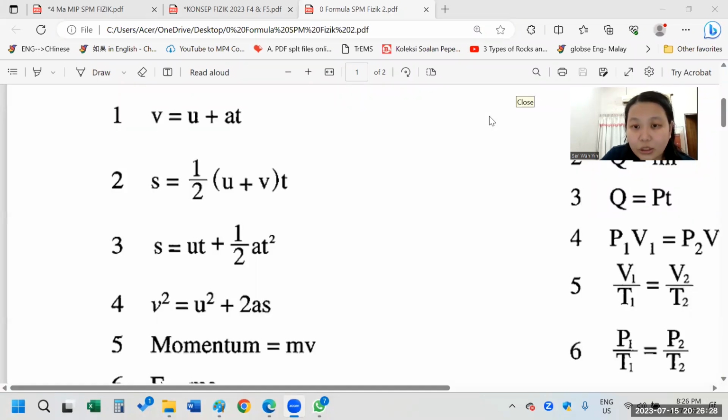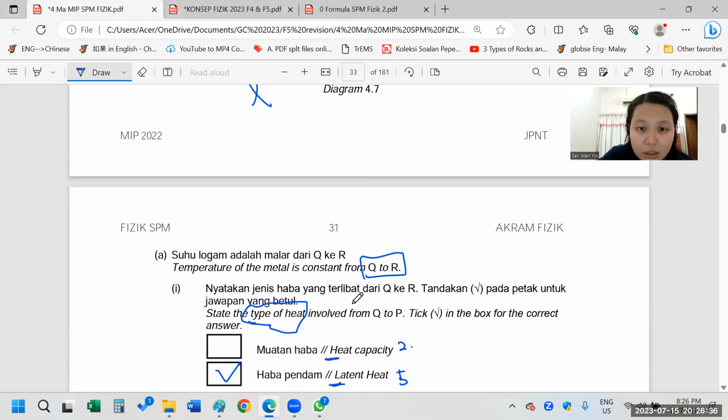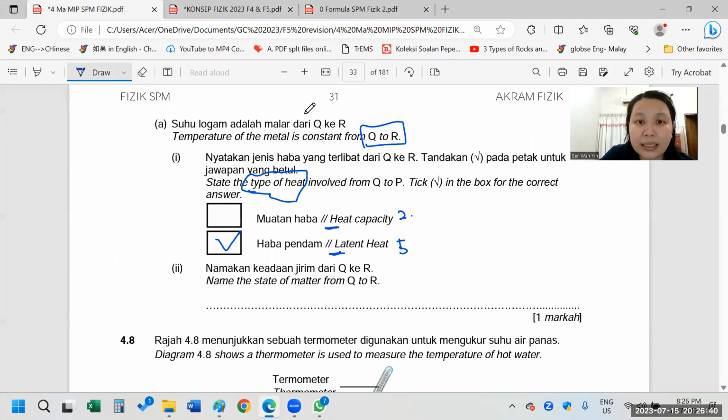Teacher, I thought the question asked from Q to P. Am I seeing wrongly? Oh, okay, now I understand why. Sometimes the questions have typos. Typo means typing error.